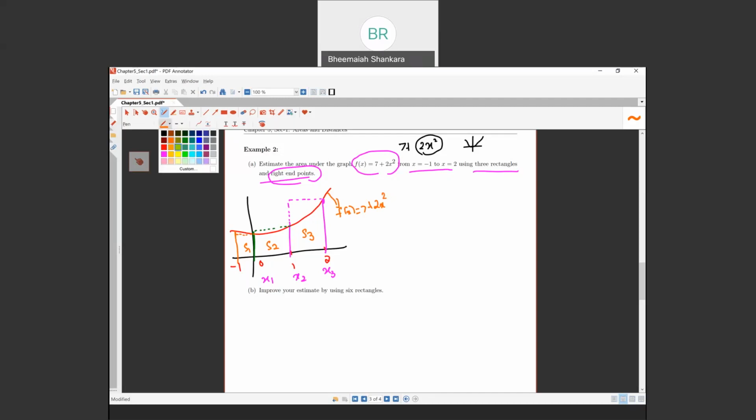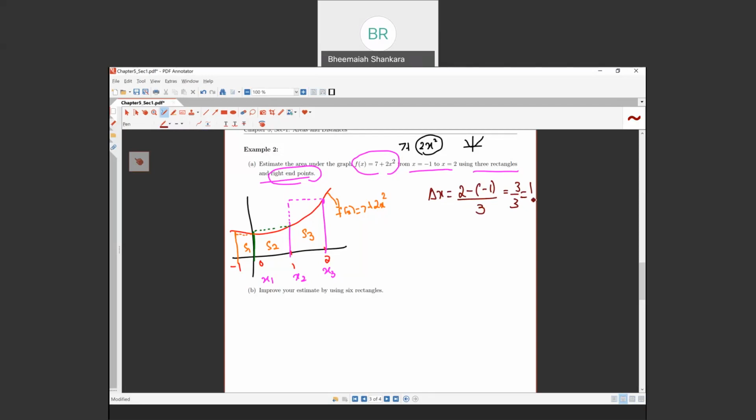Now let me calculate delta x, which is 2 minus negative 1, divided by the number of rectangles. You want 3 rectangles, so you write 3. Simplify the numerator, 3 divided by 3, and you get 1.